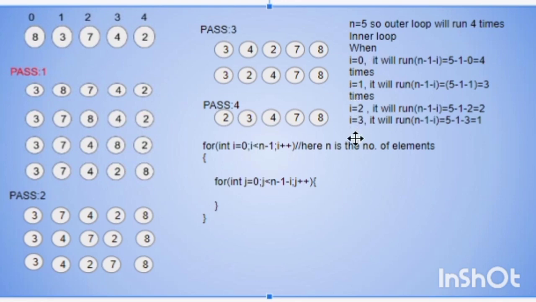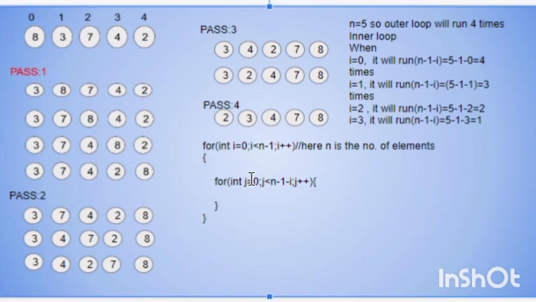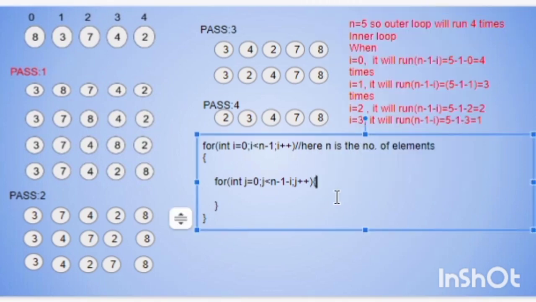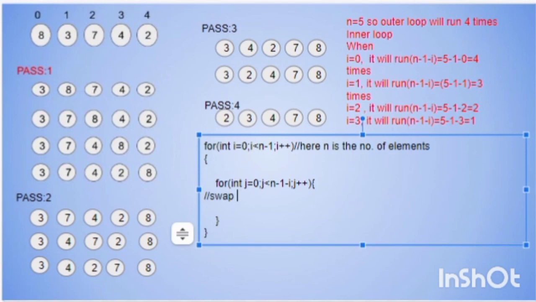Okay, so inside that loop we are writing one condition. What we are doing here is checking adjacent elements. If the right side element is smaller than the left side element, for that we are checking if a of j plus 1 is smaller than a of j. So we will swap these elements.